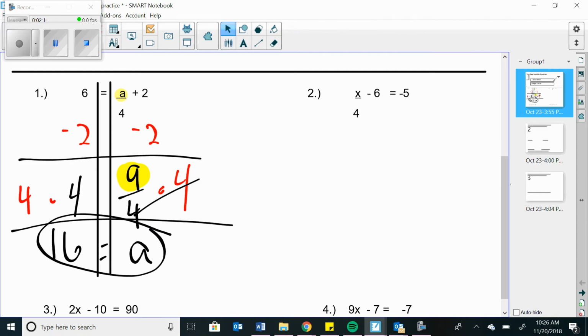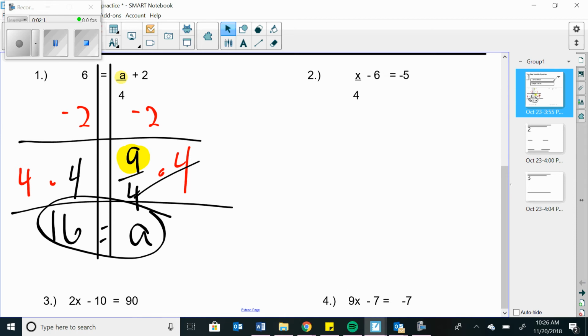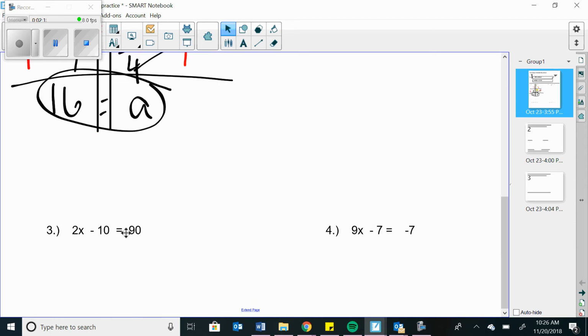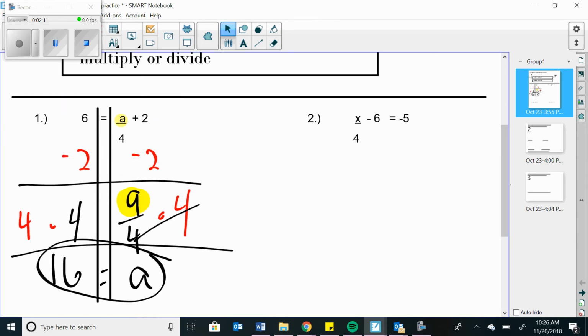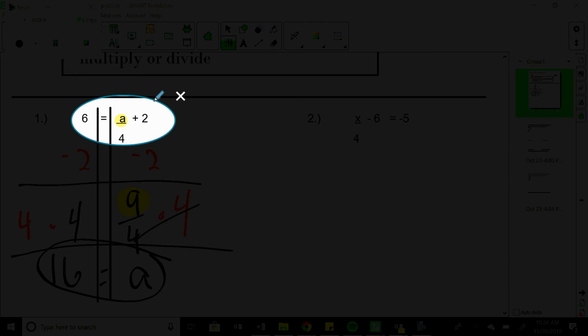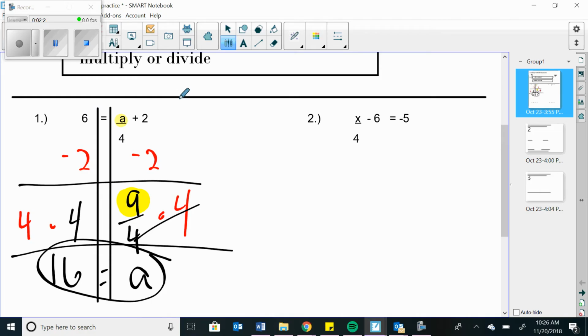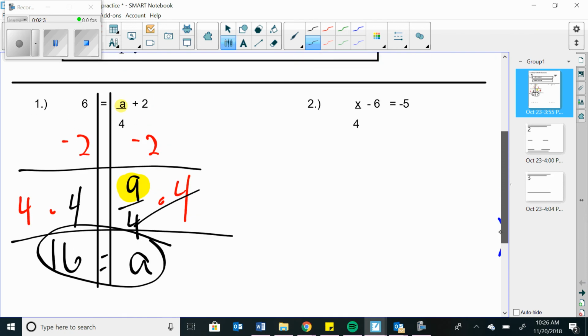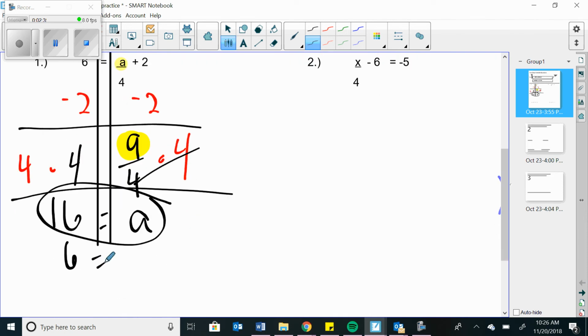I don't have a ton of room to show you the check step, but I'm going to. We're going to take the original problem and put in 16 for this A. So I copy it, and it's 6 equals, and now I'm using 16.